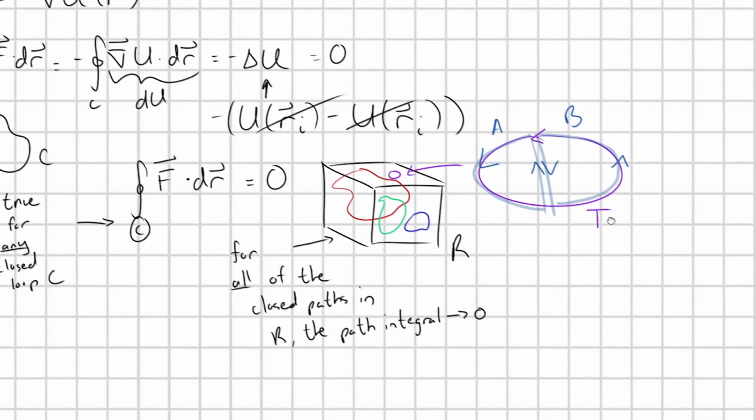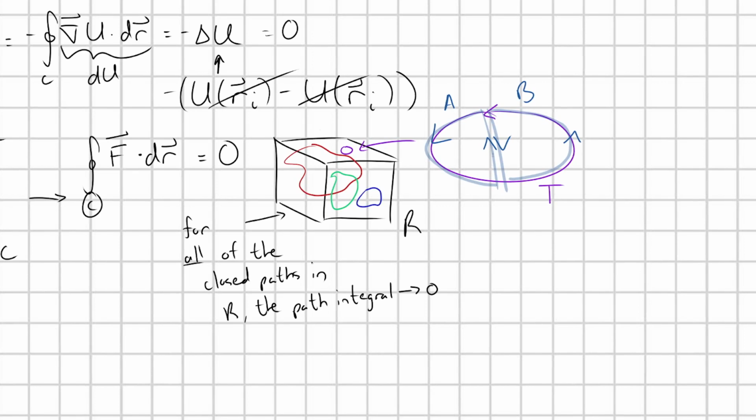If you see where I'm going with this, the closed path integral along path A, and I'm not going to write the interior of these integrals for a bit, let's just get the concept across, plus the closed path integral along path B is going to be equal to the closed path integral along path T. Why?